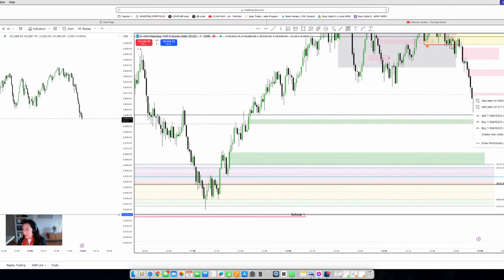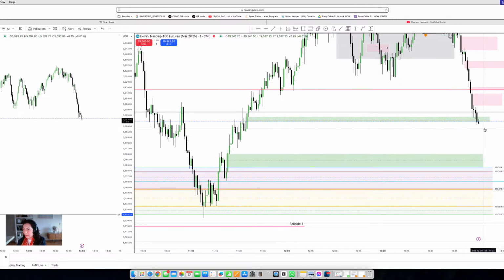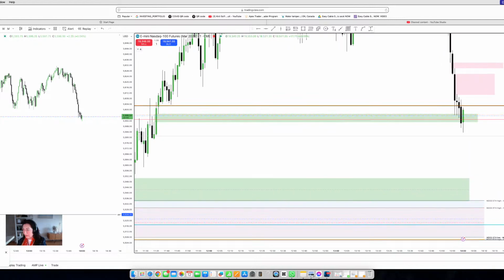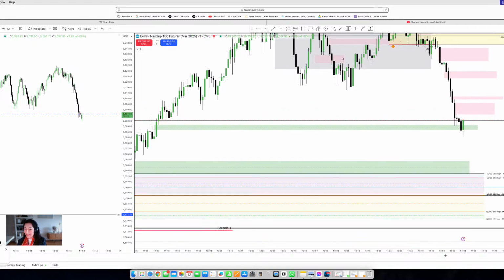I don't know that I want to jump into this, but if this turns into an inverted fair value gap here, I might. Yeah, I might. Look at that. Stop loss maybe here. Nope. That's the turnaround point.